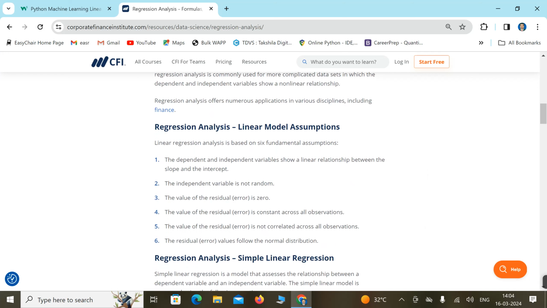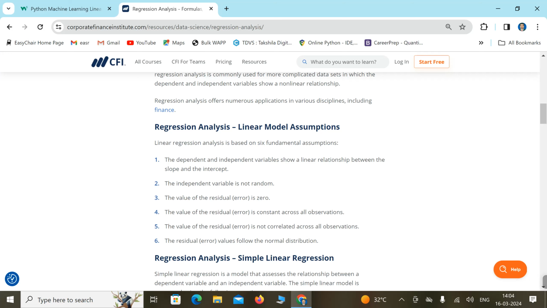Number one, the dependent and independent variables show a linear relationship between the slope and the intercept. Now, what are slope and intercept? These two are concepts related to a single straight line. Every line has a slope.